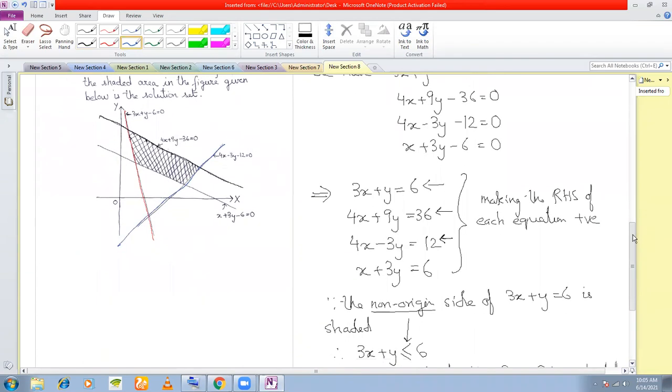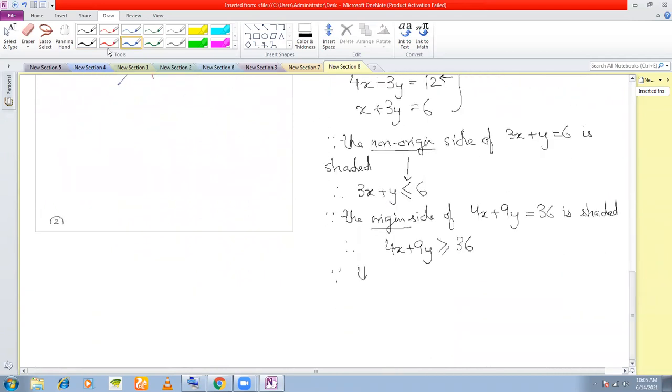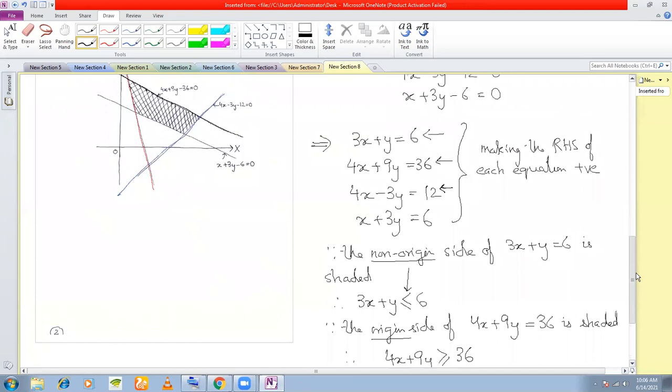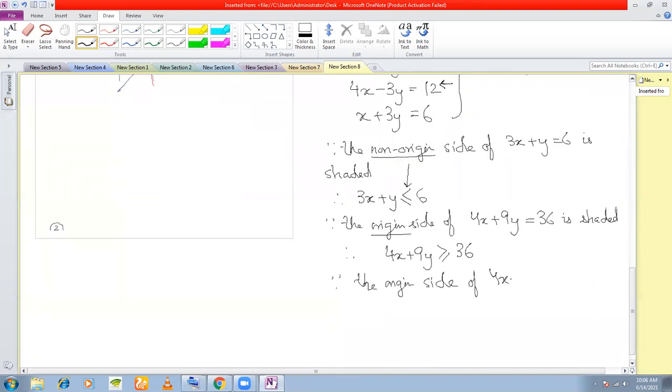So therefore, we'll give a greater than or equal to, since the origin side of 4x minus 3y is equal to 12 is shaded. Therefore, 4x minus 3y must be greater than or equal to 12.